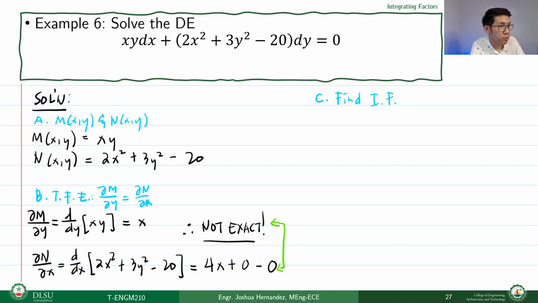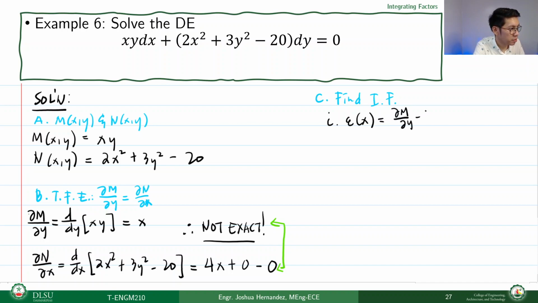And we'll be able to do that by first considering epsilon of x. And that is the partial derivative of M with respect to y minus partial derivative of N with respect to x, all over N. Okay? So let's substitute that.